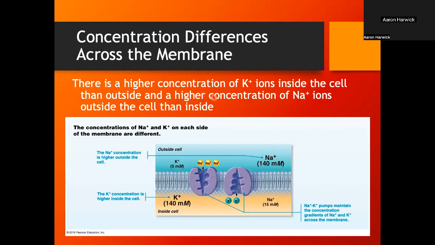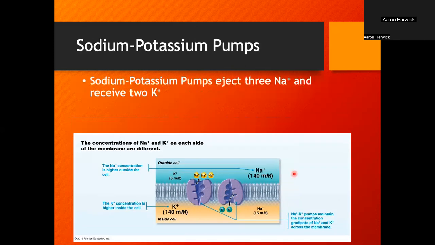So there's a higher concentration of K+ potassium ions inside the cell than outside, and a higher concentration of Na+ sodium ions outside the cell than inside. So you've got basically sodium outside the cell. You've got potassium inside the cell. And the whole idea of it is this is the resting ideal state.